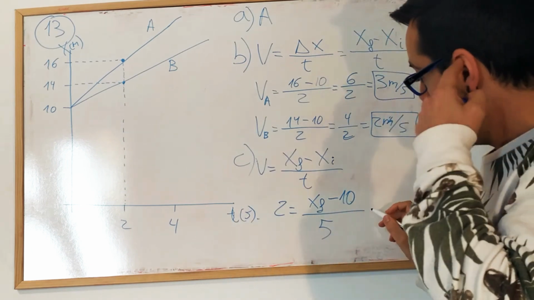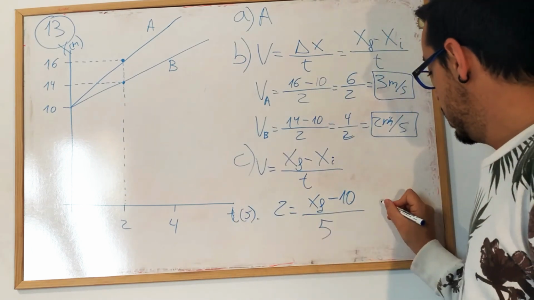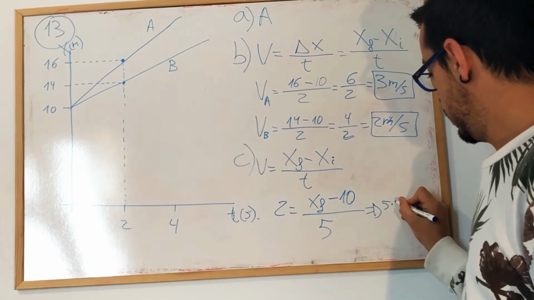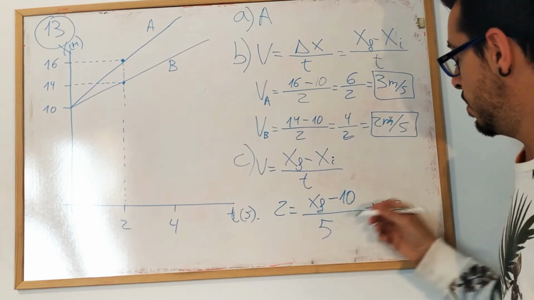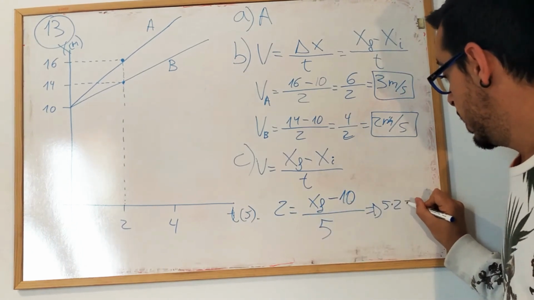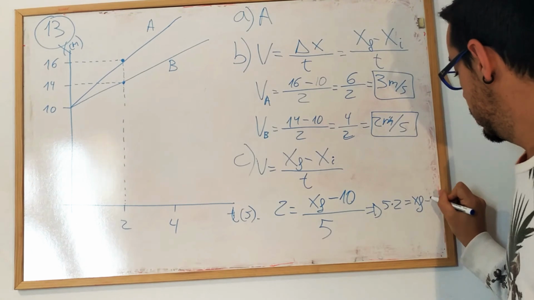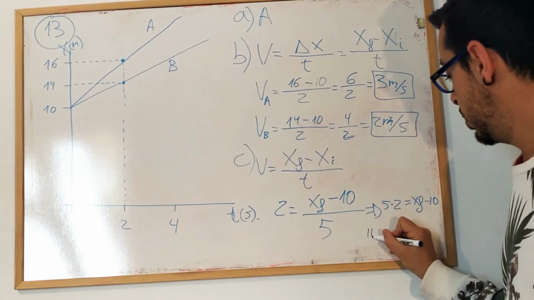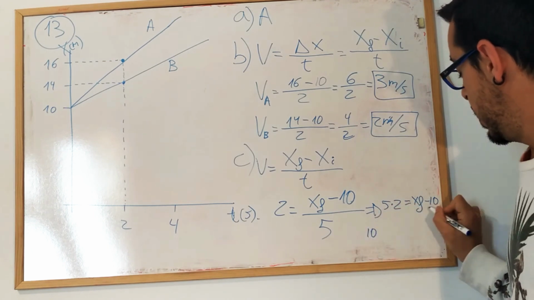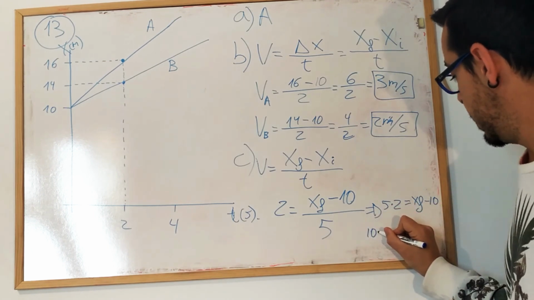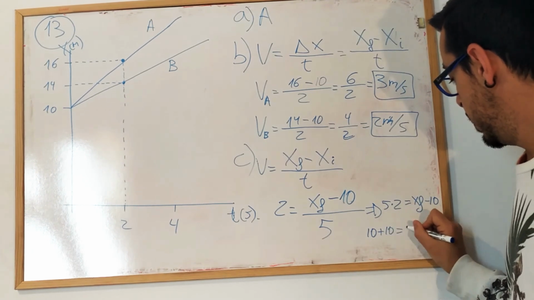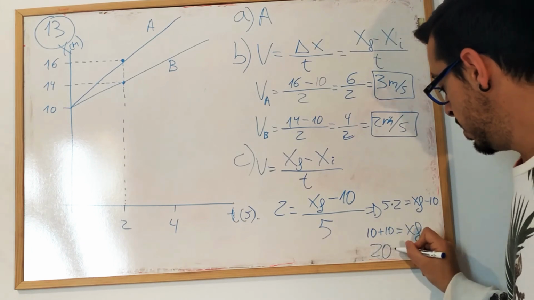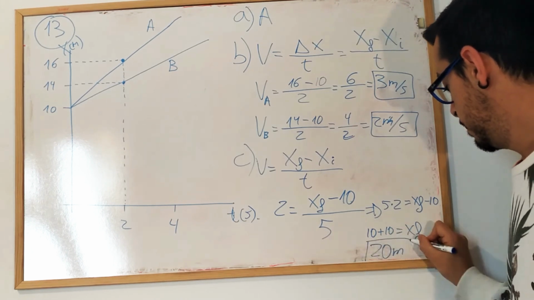So this goes multiplying, and this comes here summing, minus 10. And now 5 times 2 is 10, and here comes plus, 10 plus 10. So final position is going to be 20 meters.